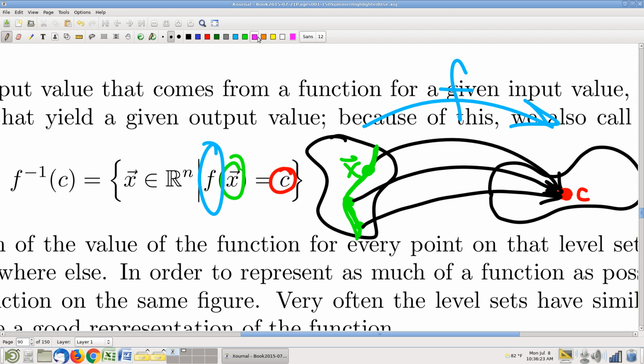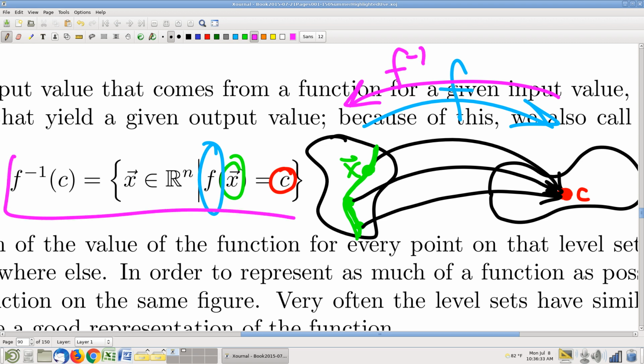So if you go backwards, it's as if we're inverting the function. And so the pre-image is the collection of all of the x's. Given an output, let's look at all the inputs that land on it. So this notation, f inverse, I think is pretty plausible.